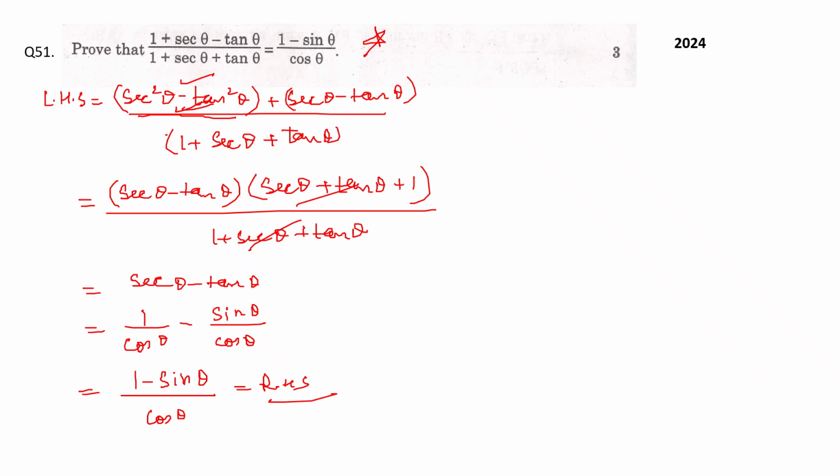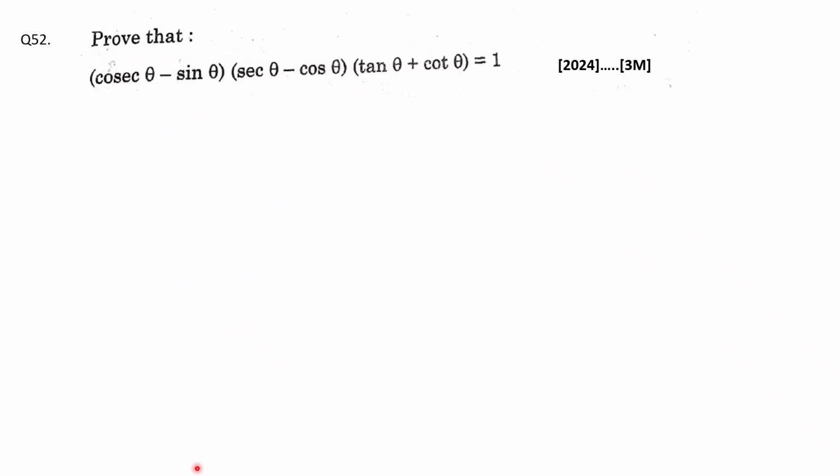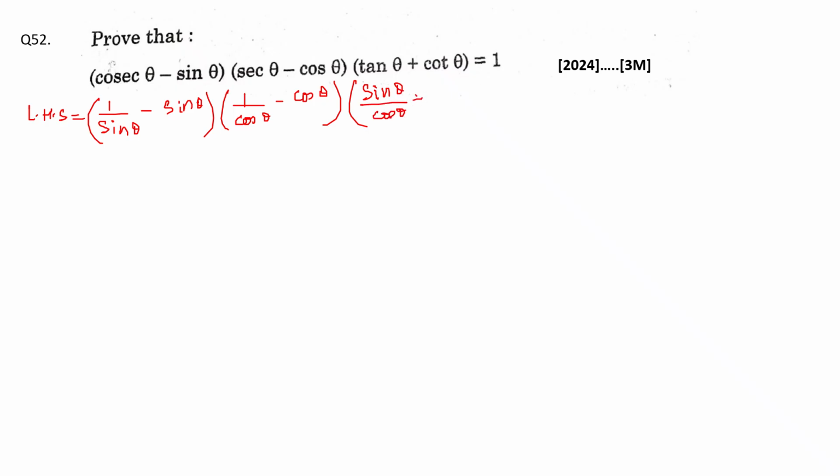Next, question number 52. Here also prove that this is equal to 1. So take the LHS and convert everything into the form of sine and cos. So (1 by sin theta minus sin theta) times (1 by cos theta minus cos theta), and here it will be sin theta by cos theta plus cos theta by sin theta.